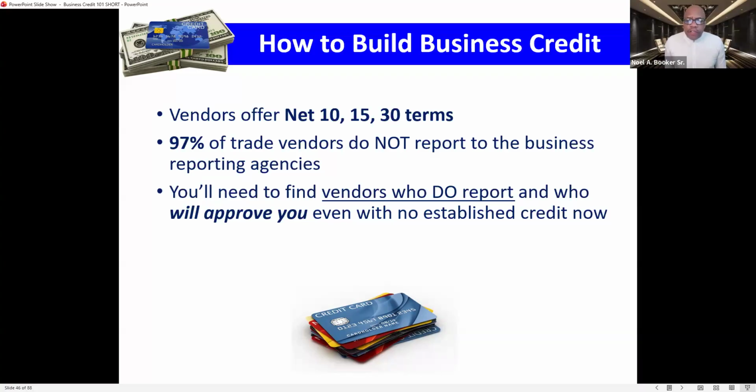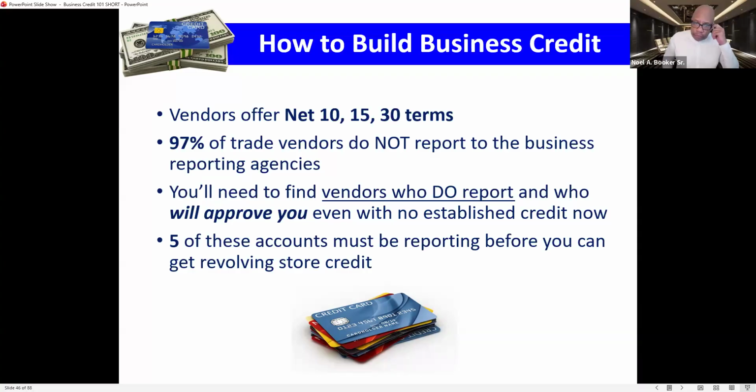You'll need to find vendors who do report and who will approve you even with no established credit. They're going to give you a little bit of credit, and when you buy something on credit, you need to pay it in 30 days.